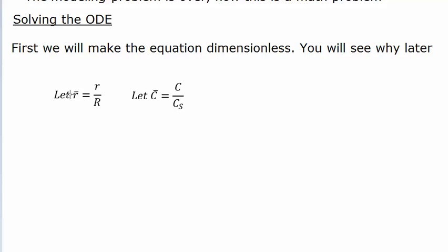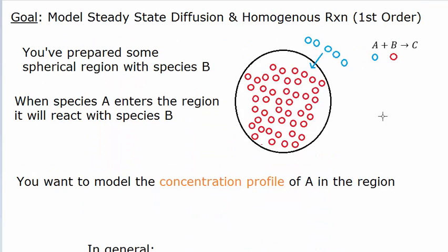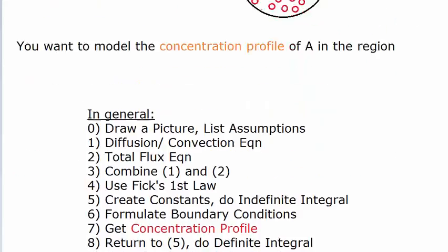So I'm going to introduce a dimensionless radius that is going to be r over big R, and I'm going to introduce a dimensionless concentration, which is going to be C over CS. Perhaps that requires a little bit of explanation. So in this region here, r is centered about this point. Big R is going to be at the boundary of this control volume, and where big R is, we are also going to have CS, where CS just means the concentration at the surface of this control volume.